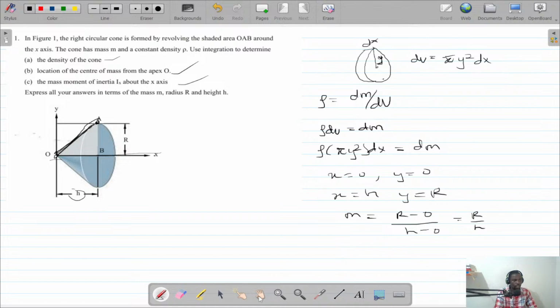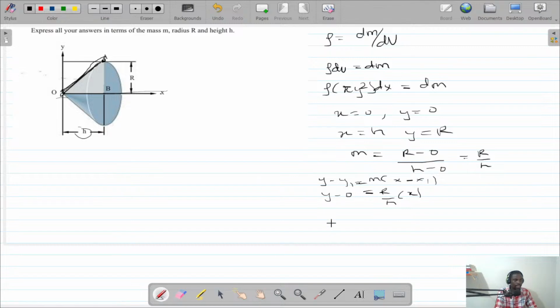From the equation of a line, y minus y1 is equal to m into bracket x minus x1. This time our y1 is 0, so y minus 0 is equal to r on h multiplying x. From here we can say that y is equal to the radius over h multiplying the variable x.